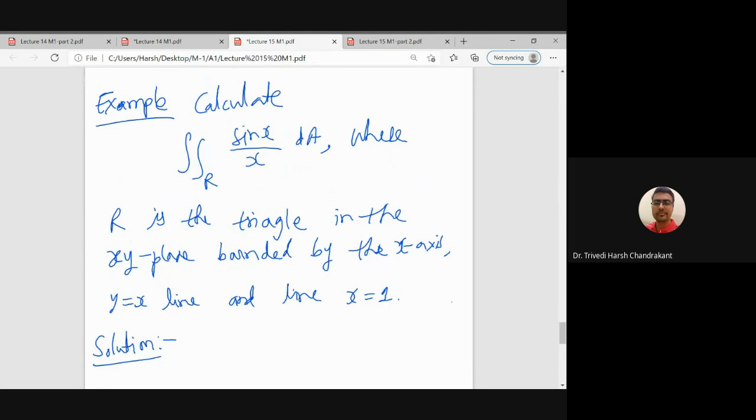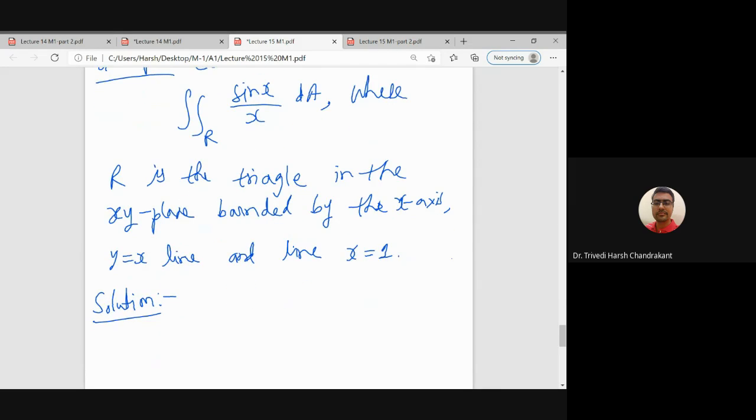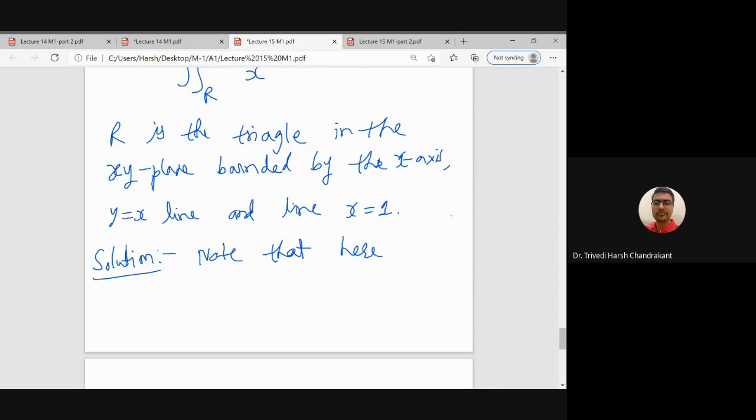So what is the function given here? f(x,y). What is f(x,y)? f(x,y) is the function which we are integrating, right? So the function which we are integrating is sine x divided by x. So note that here the function of two variables which we are integrating is sine x divided by x.